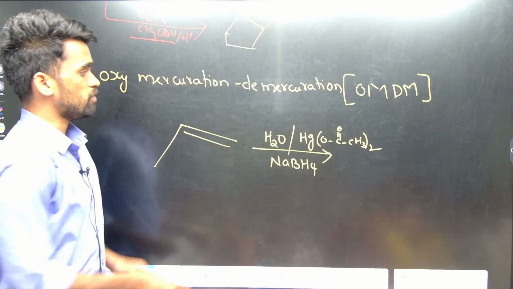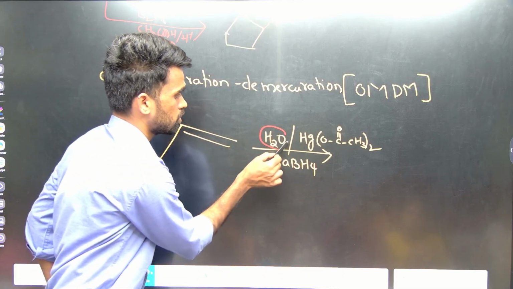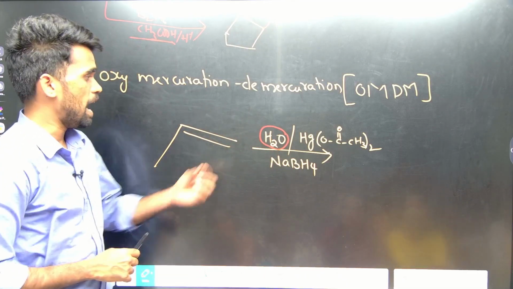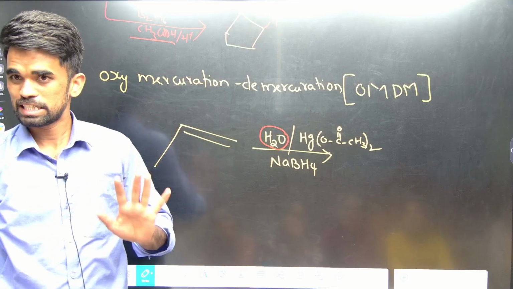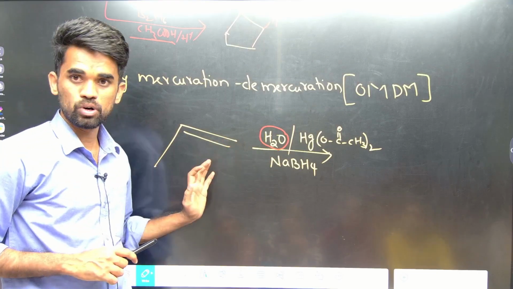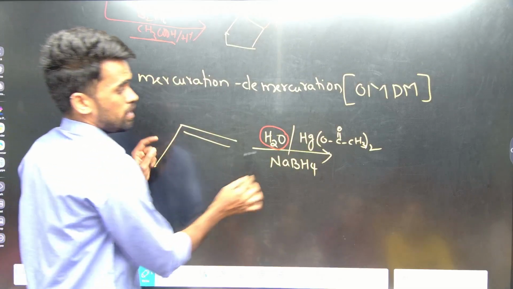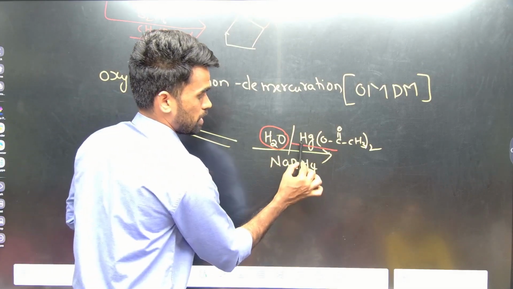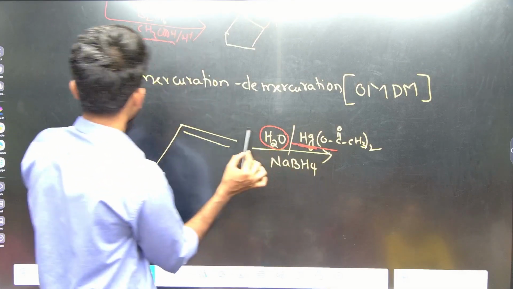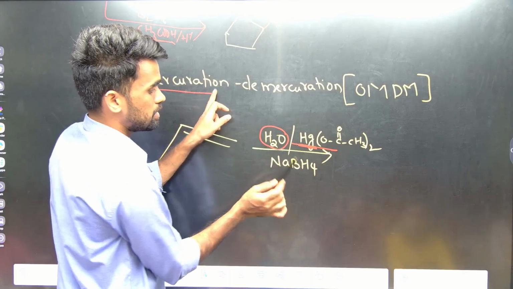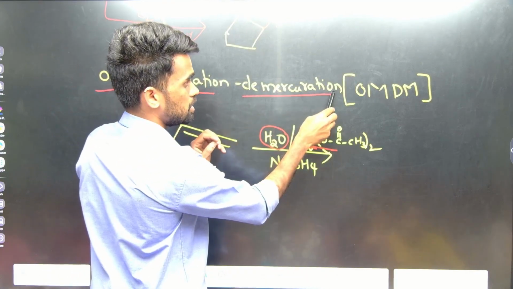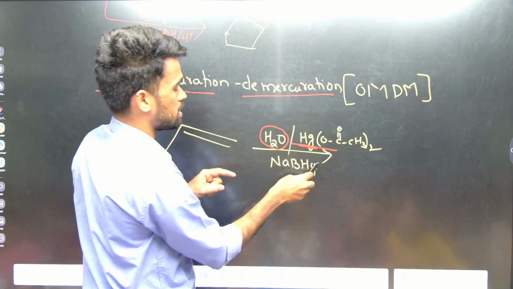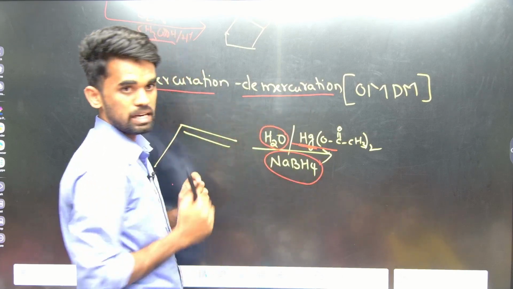Okay. See what we have here? Water is there, no? See, addition of water to alkenes, what is the product formed? Alcohols, perfect. So alcohol is the product formed. When you are using this OMDM, mercury is there now, that's why we say oxymercuration. Then next we will remove that mercury. That's why we say demercuration. So for the demercurating purpose only we are using this NaBH4.